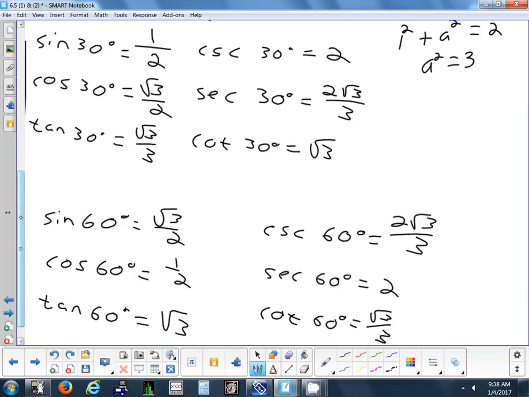So between the 30 and the 60, which ones switch places? Hannah, do you see one that switched places? The cosine and which other trig function switched?